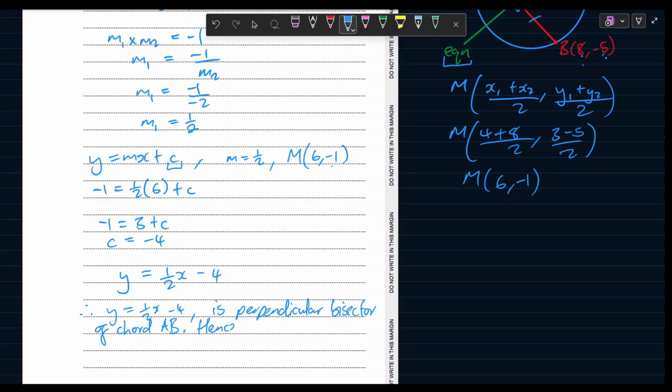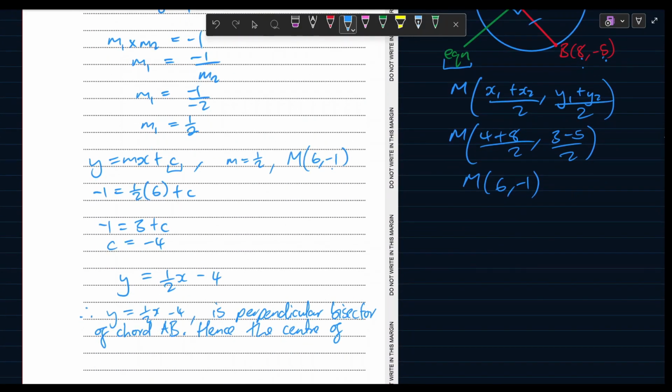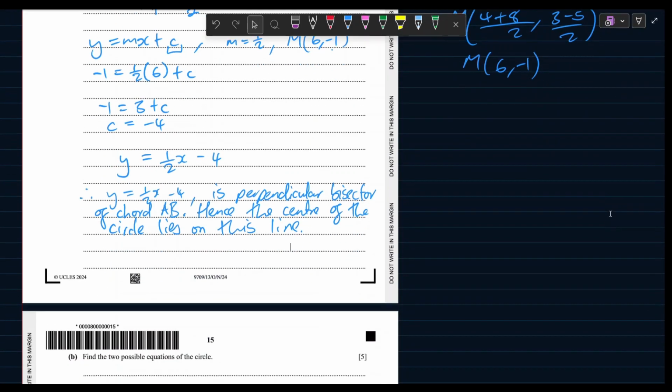Hence, the center of the circle lies on this line. So that's part A done.